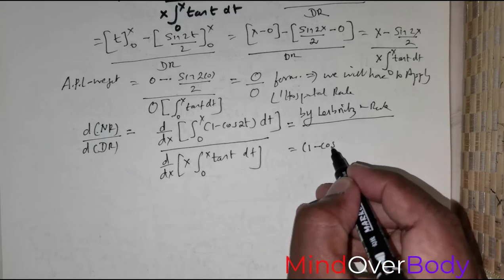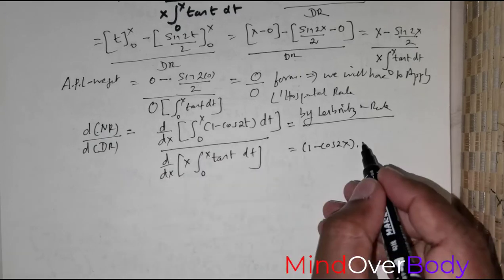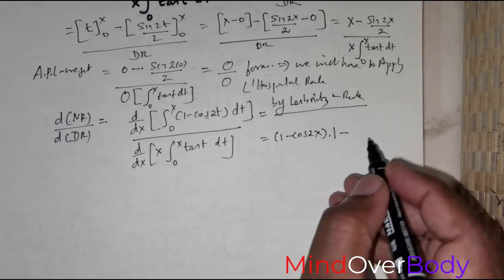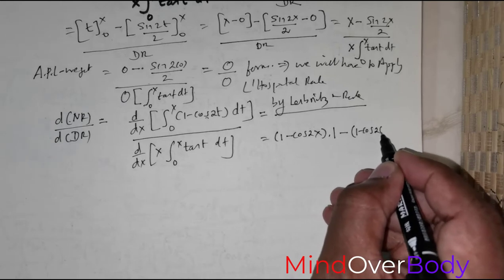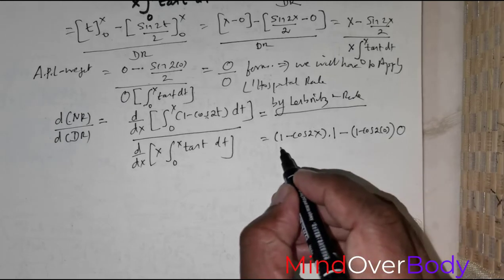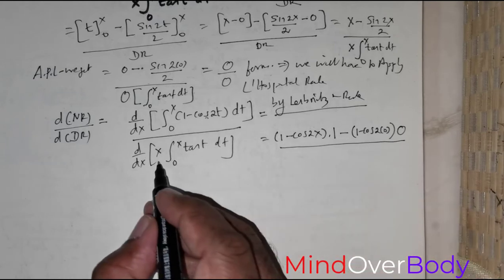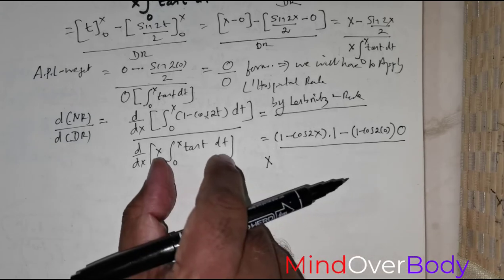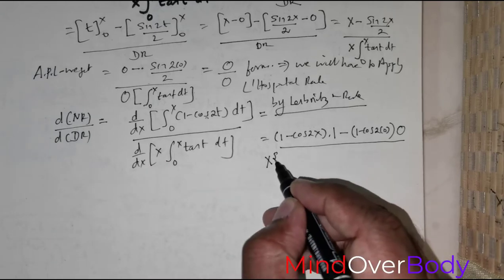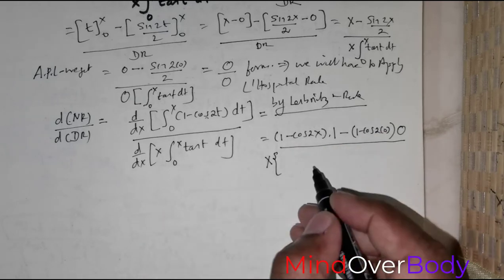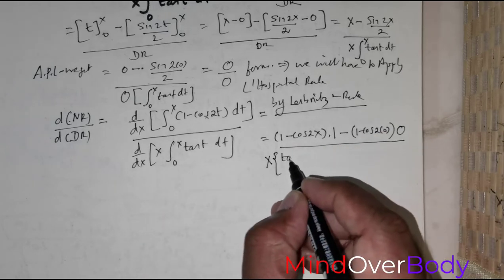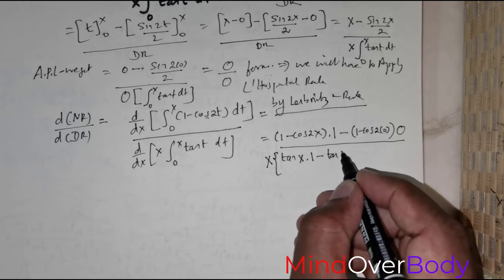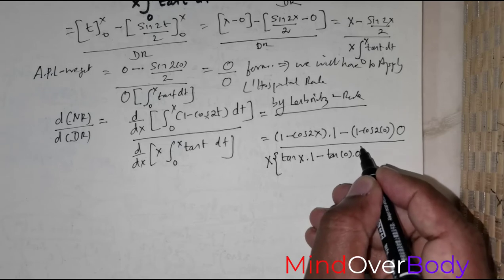So 1 negative cos 2x times differentiation of the upper limit 1, negative, I need to substitute the lower limit, so it's going to be 1 negative cos 2 times of 0 times the differentiation of 0 which is 0, divided by, it's u into v, so u times into differentiation of this quantity. So let me place a parenthesis. Differentiation of this quantity, I can apply Leibniz rule. So that's going to be tan, I substitute the upper limit, times differentiation of x is 1, negative, I substitute the lower limit, times differentiation of 0 is 0.